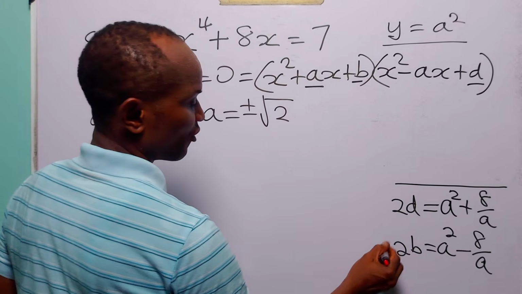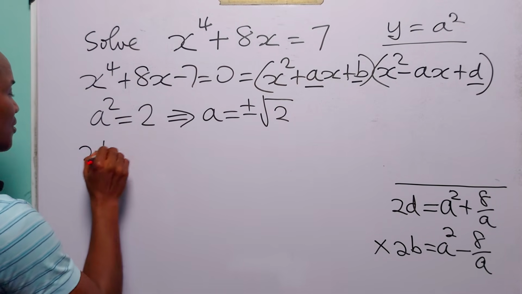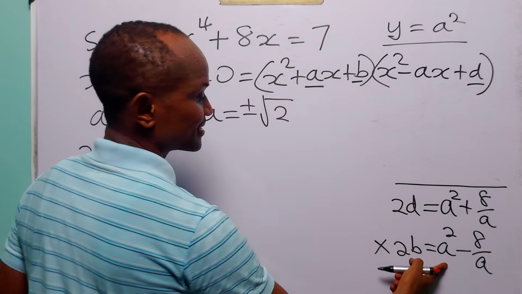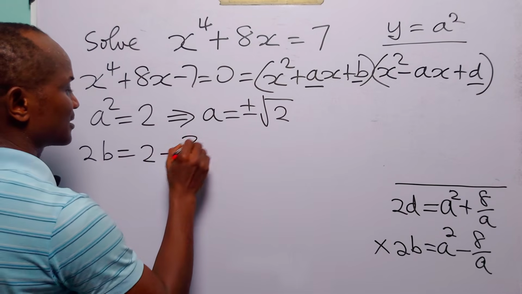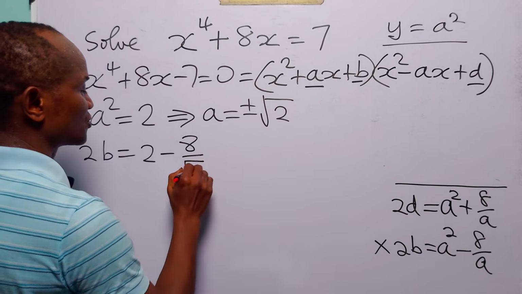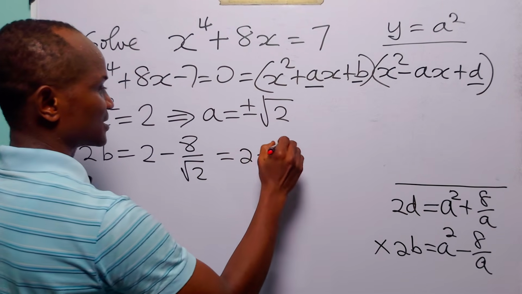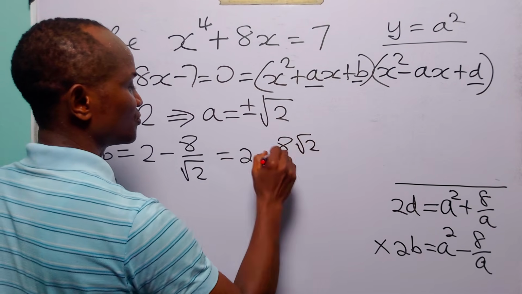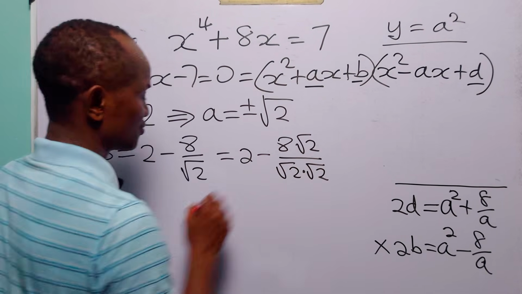Now, to find the value of b, let us come back to this equation. We have that 2b is equal to a squared, which is 2, minus 8 over a, which is root 2. Now we have 2 minus 8 over root 2 times root 2.